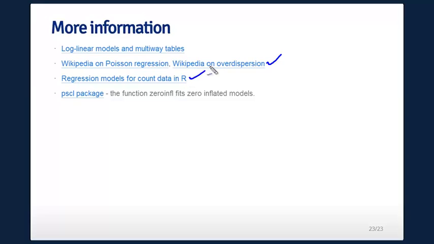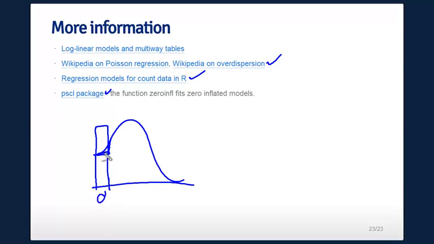And then there's this problem that occasionally the 0 count is more than the Poisson model would expect, something like that, right? The 0 count has this extra amount in it that the Poisson model wouldn't anticipate.